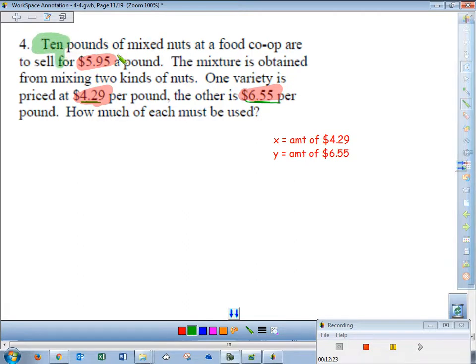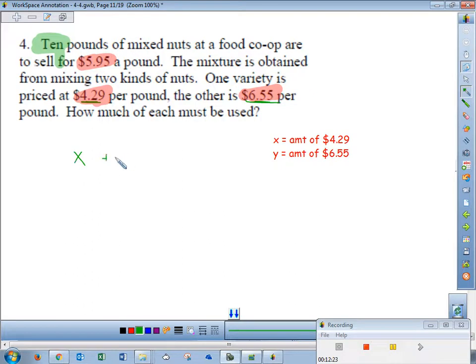10 pounds of these mixed nuts. So X plus Y should equal 10, man. It's like all the pounds of the 4.29 and all the pounds of the 6.55 should add up to be 10 pounds. And then the other equation is straight up money.